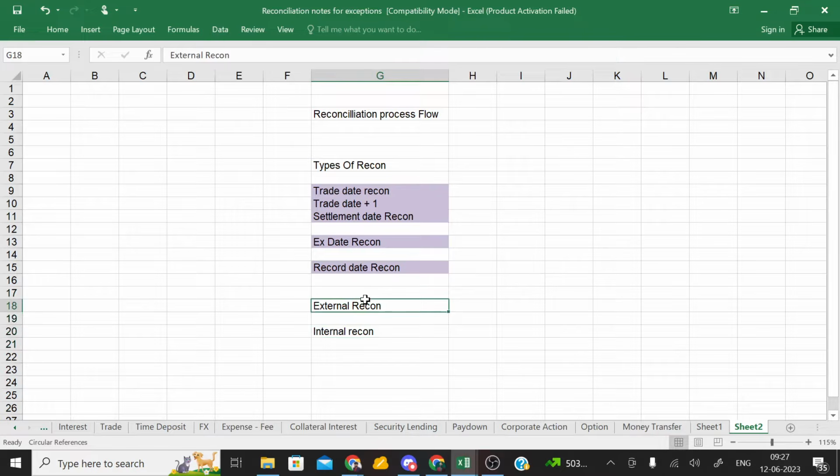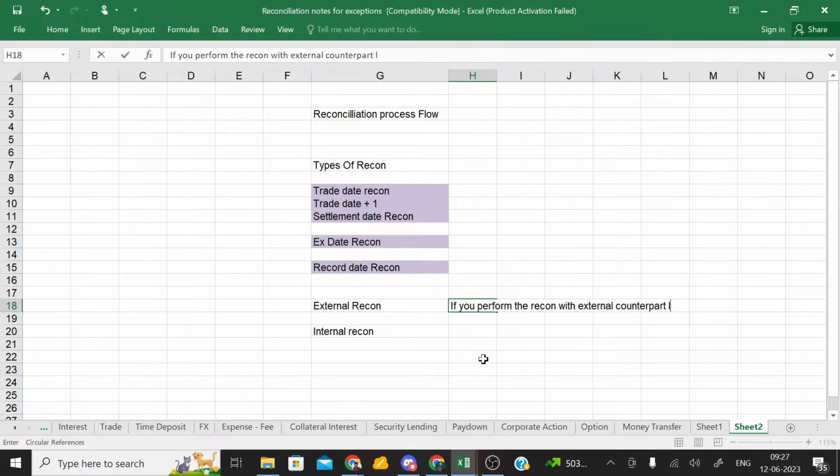External, note down, means if you perform the recon with an external counterparty like a custodian, broker, or bank account, that recon you can call an external reconciliation.